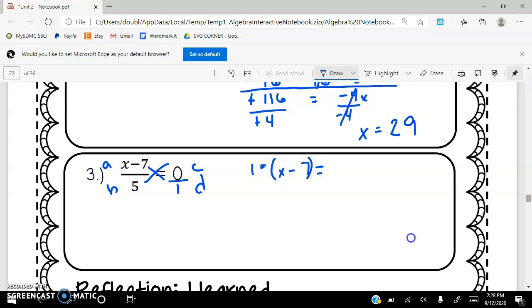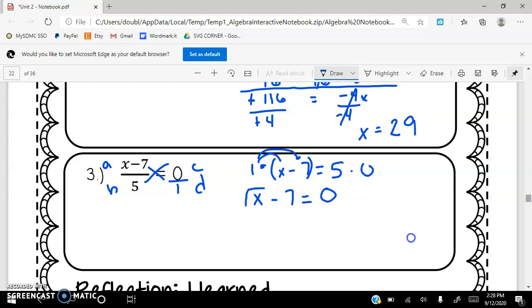Equals 5 times 0. So let's do the math. So 1 times x gives me 1x, so just x. And 1 times a negative 7 gives me a negative 7, equals 5 times 0 is 0.